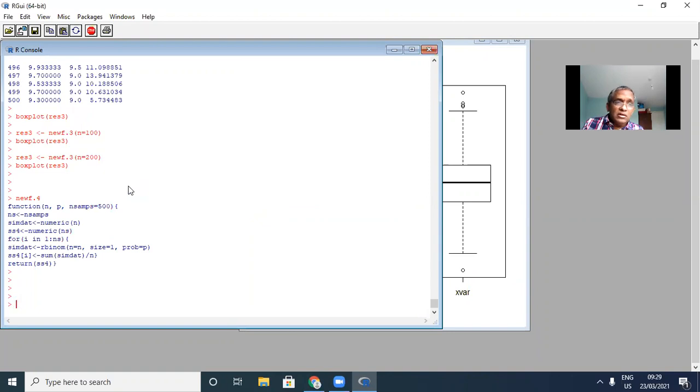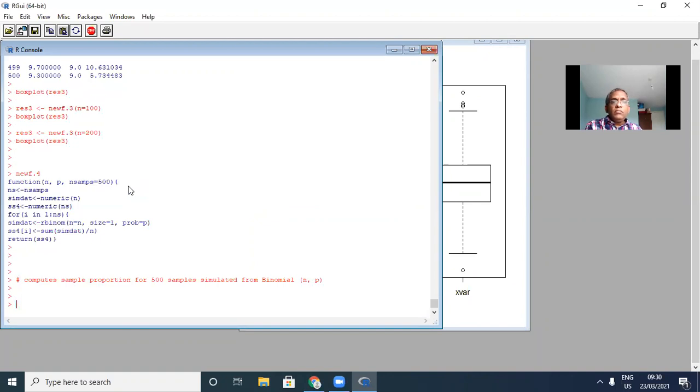What this function does is compute the sample proportion for 500 samples generated from, or simulated from, a binomial distribution with parameters n and p.